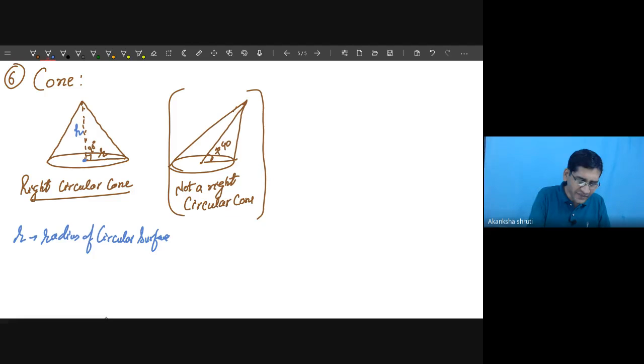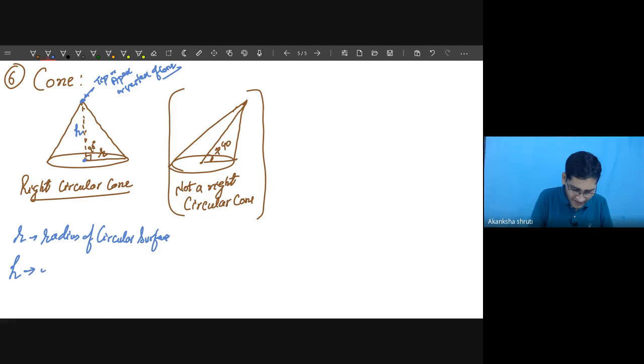This height is between the apex, or the tip, or even the vertex of the cone, and the center of the circular area.